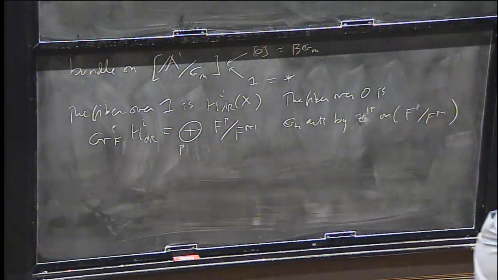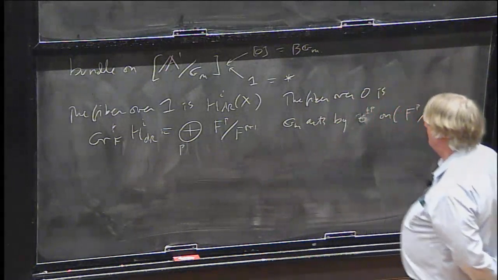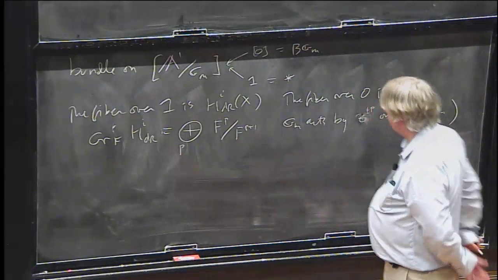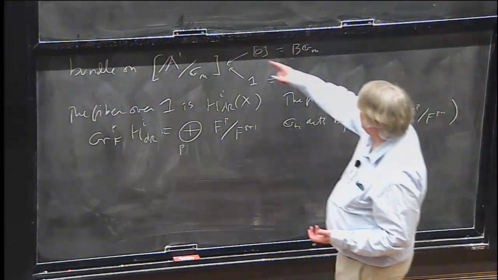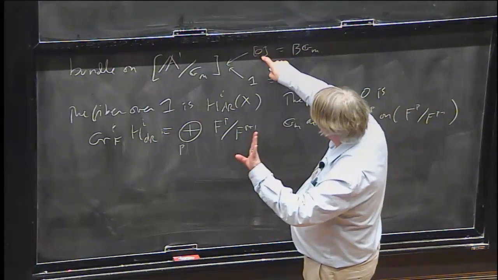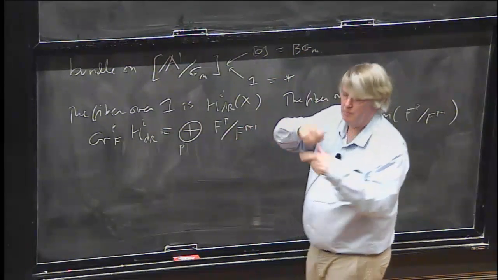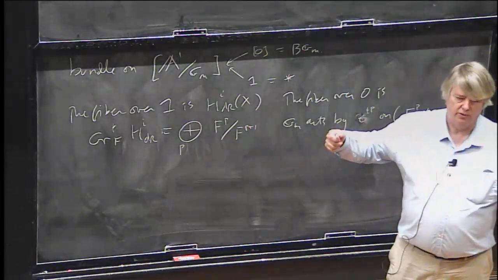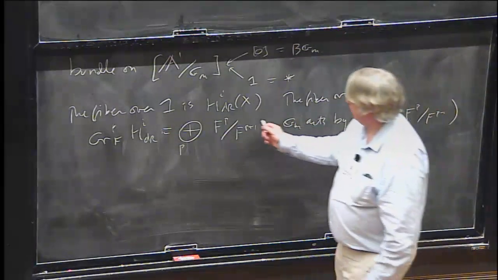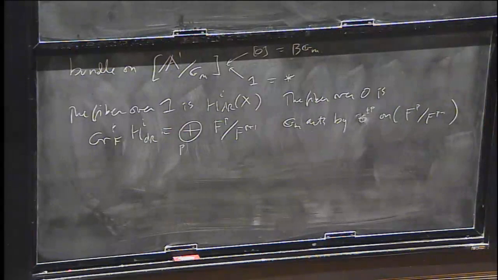G_m acts by one of these two, either t to the p or t to the minus p on these pieces. So the fact that you have a stack here, which is a BG_m, means that a bundle over this thing really is a vector space plus an action of the multiplicative group. That action decomposes it into a direct sum of pieces, and those pieces are the graded pieces of the filtration.